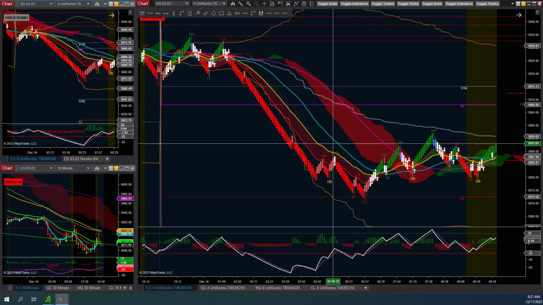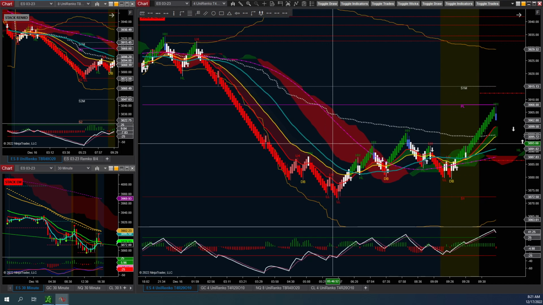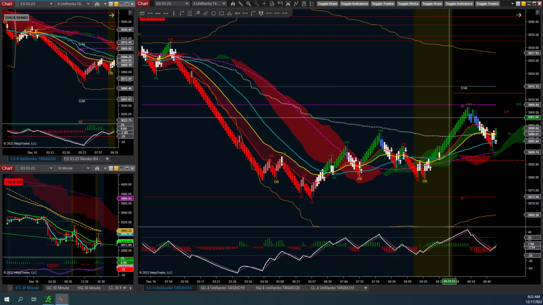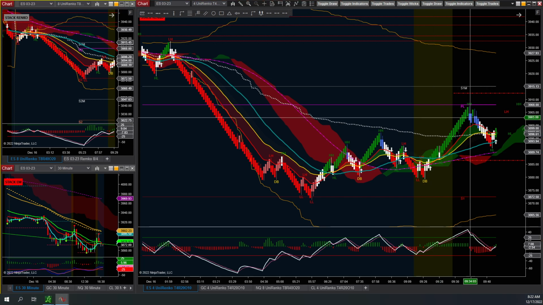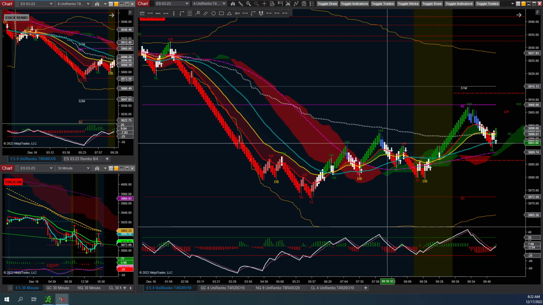Let's continue to see what the market did. And yes, sure enough, the market opened, and the first target, the previous low, was met almost to the tick, and then it came back down. So the market is still in congestion.